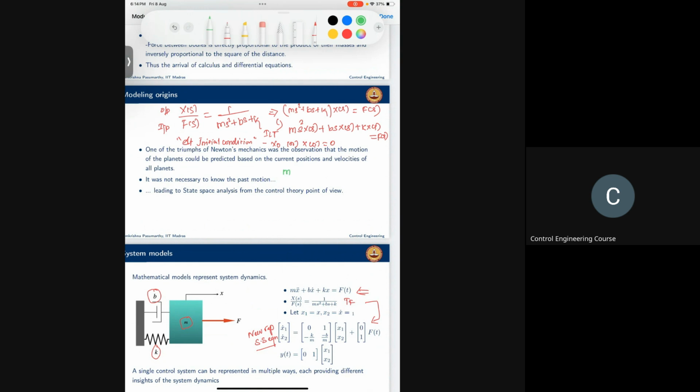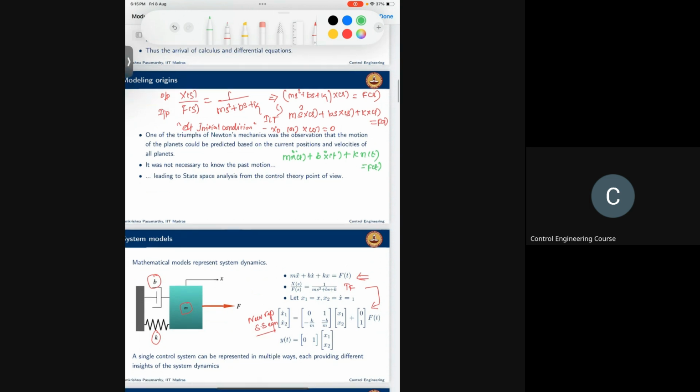Right? m x double dot of t plus b x dot of t plus k x of t equals f of t. This is what we get when we write it in terms of dynamic equations.